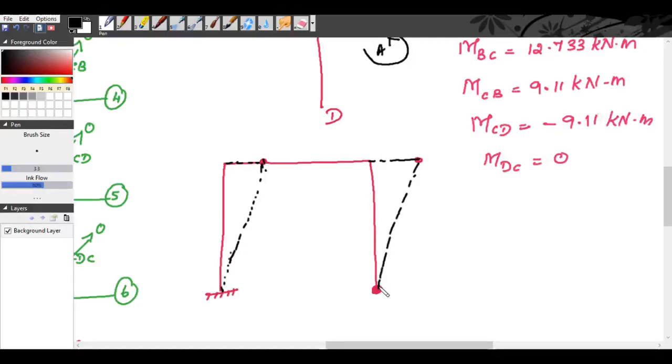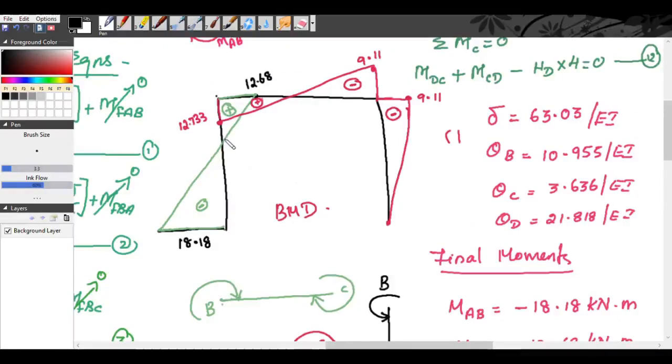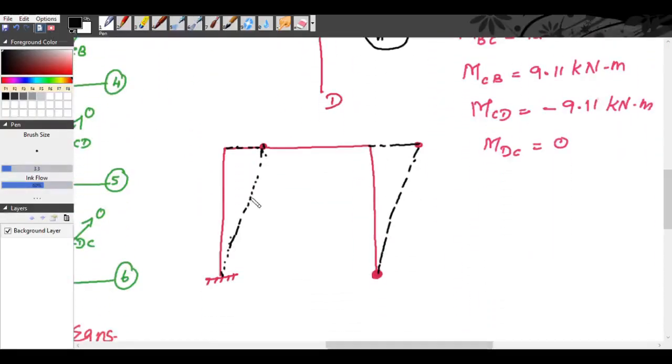So how the formation of hinges you can see. See, you will have a hinge at this point, another hinge at this point, and a hinge at this point. Okay, 1, 2, 3. So 3 places you will have a hinge.